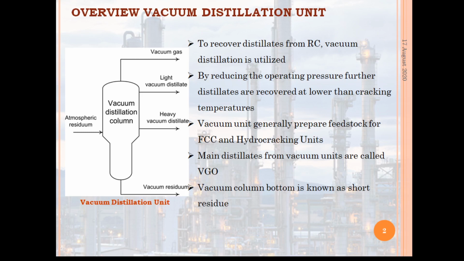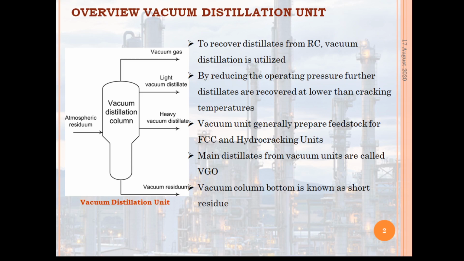From this vacuum column, the various streams coming out, having different boiling temperatures, different hydrocarbons and different carbon numbers, have to be sent to different separation or treatment units. Sometimes they need to be sent to the catalytic cracking unit, mainly the fluid catalytic cracking unit, then the hydrocracking unit, or the visbreaker unit.